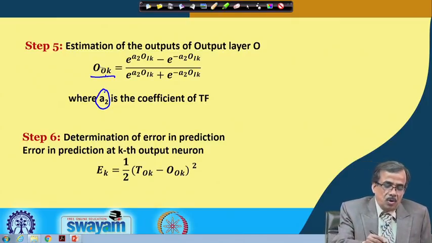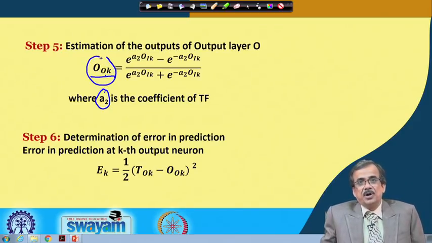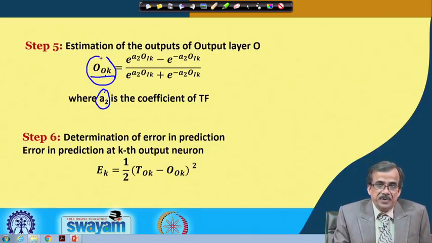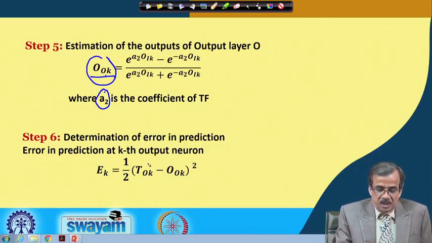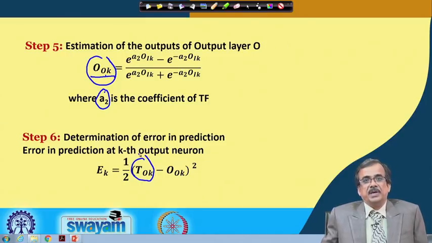So, this OOK is nothing but the calculated output of the kth neuron lying on the output layer. And once you have got it, we can compare it with the target value, that is the target output of the kth neuron, denoted by TOK.